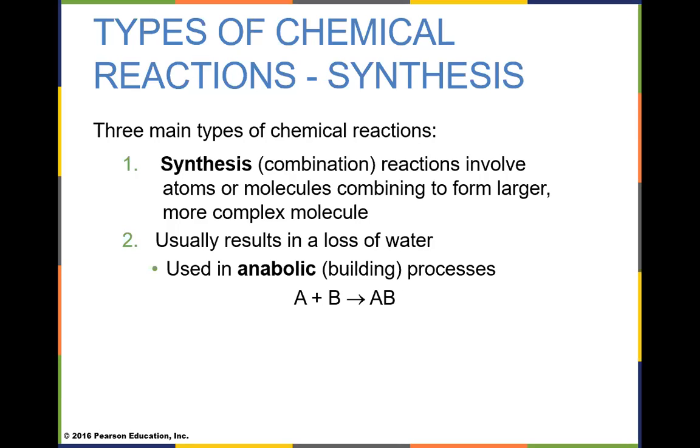When it's a synthesis reaction, we take small molecules and turn them into large molecules that are complex. You know, we see this when we are going to store sugar in our liver as glycogen. We take simple sugar molecules and link them together thousands at a time, and we produce this compound in our liver called glycogen.